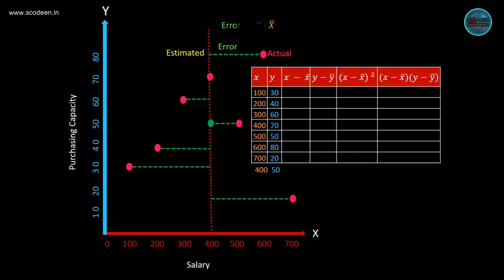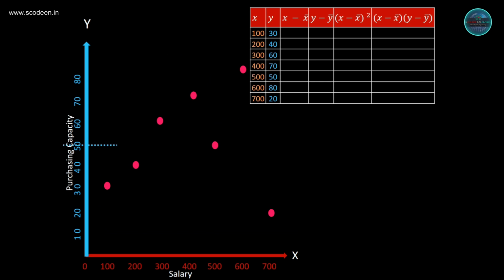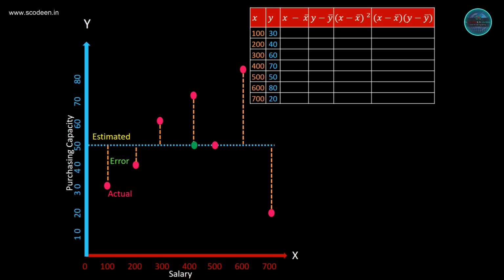So error is equal to x minus x bar. Similarly, in the y-axis, it is the same case: error is equal to y minus y bar. Y is the actual value in the y-axis and y bar is known as the estimated value in the y-axis.